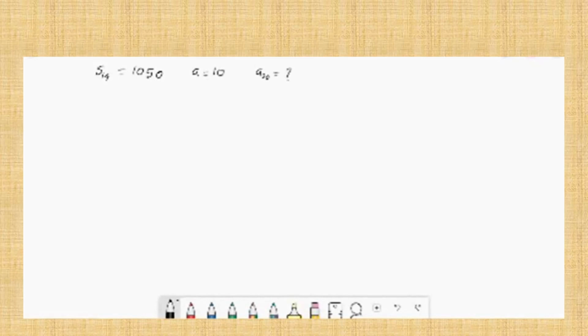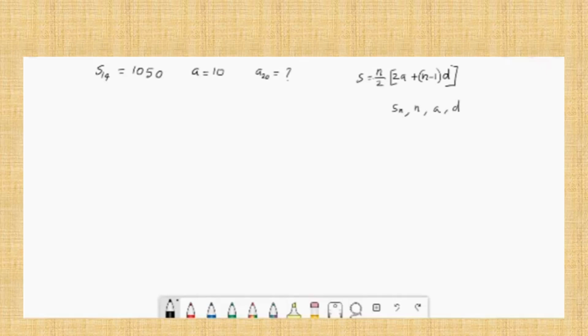Before doing this, just listen here. We have studied this formula: S is equal to n by 2 into 2a plus n minus 1 d. So which all terms come here? S or Sn comes here, and n comes here, and a comes here, and d comes here.